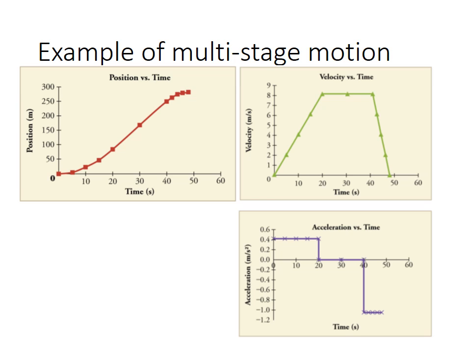Then from t equals 20 to t equals 40 seconds, it looks like a pretty straight line, so maybe there's some constant velocity there. And then from 40 to 50 seconds, it's a concave down graph.